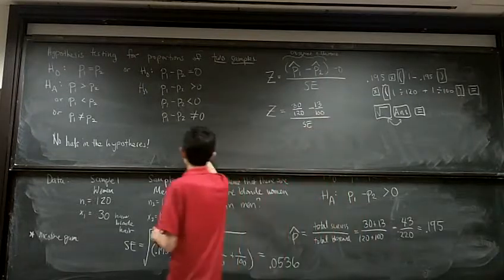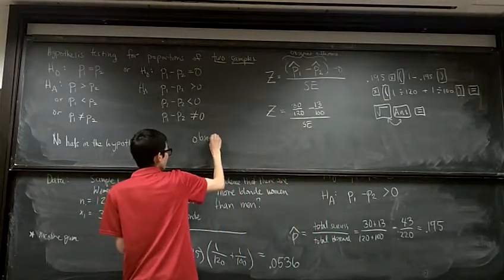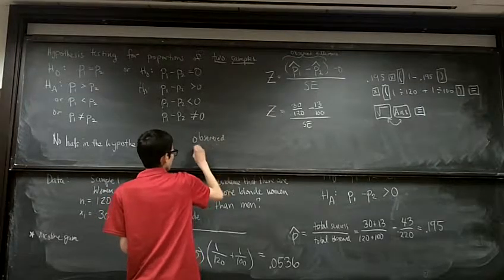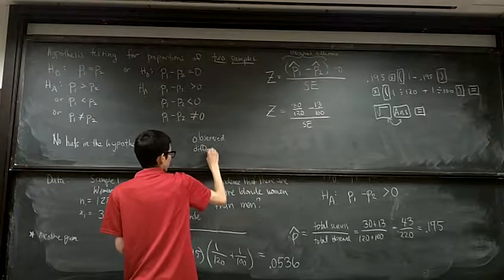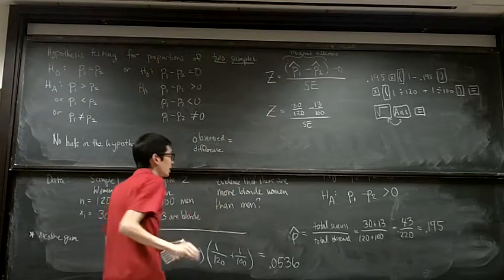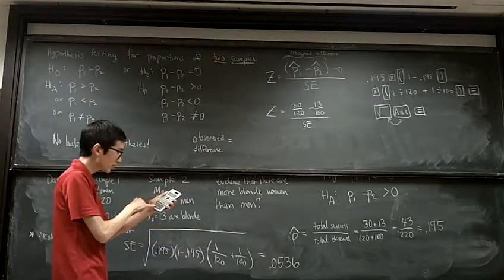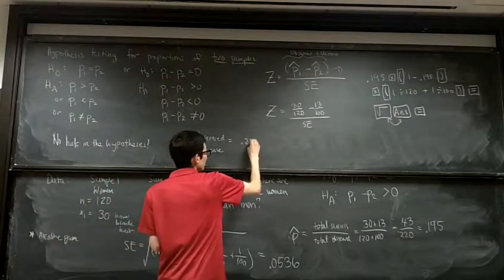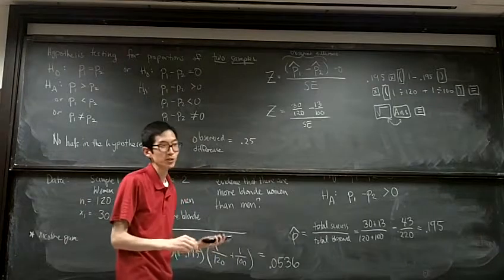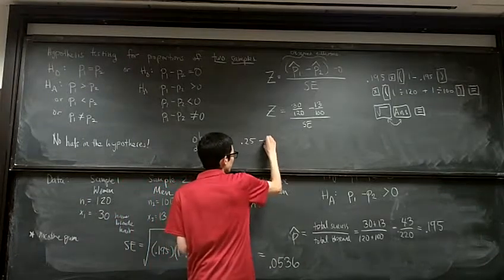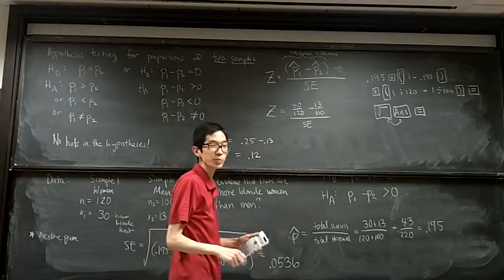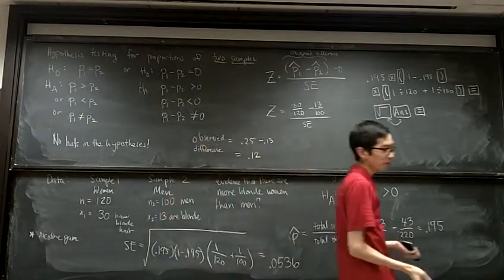But here's an aside. What is my observed difference? What proportion of women have blonde hair? 30 divided by 120. 25% of women have blonde hair. What percentage of men have blonde hair according to our sample? 13%. We have a 12 percentage point difference. Is this a big difference or not?